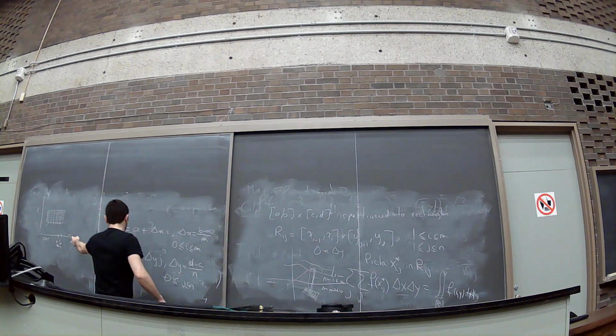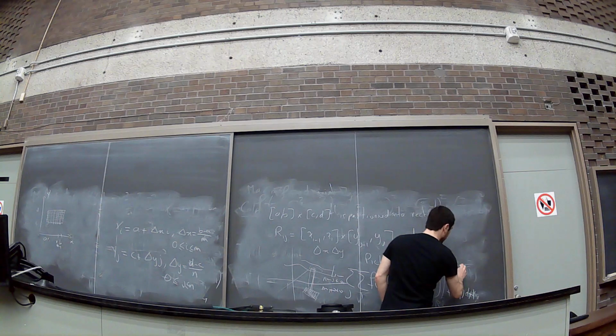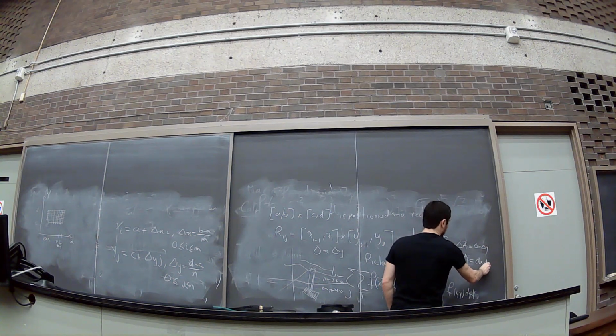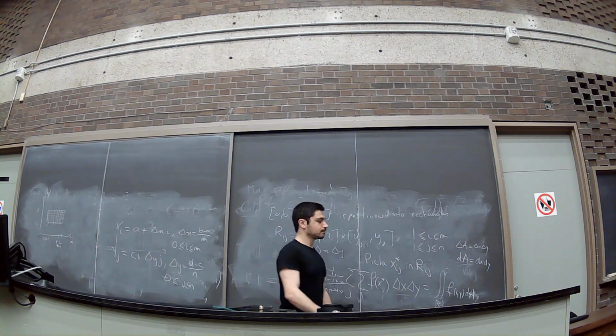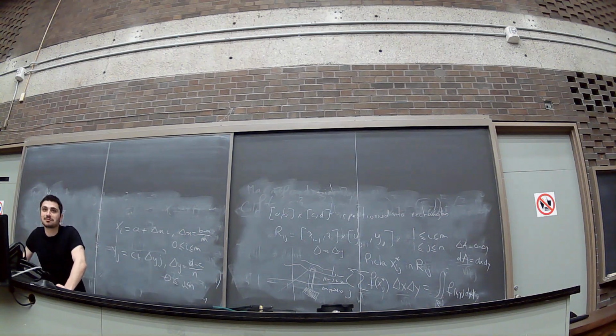Here it's a small element of length, and here it's a small element of area, which we'll call dA. So delta A is delta x delta y, and dA will kind of be equal to dx dy, over the region R. Great.